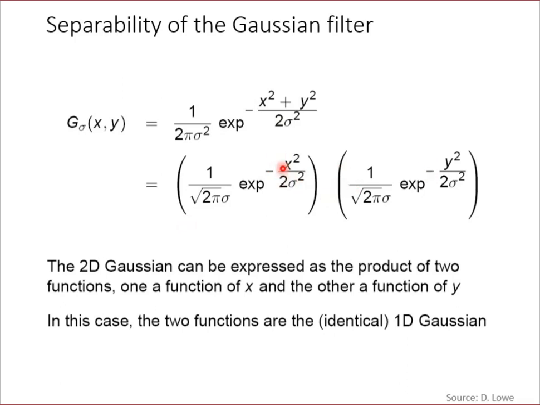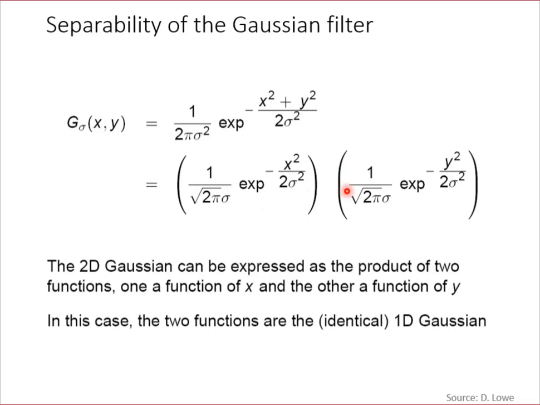For this one, there is no y, and for this one, there is no x. Here x is the horizontal axis, so this is for one dimension. The y is the vertical axis, so this is for another dimension. So this is the separability of a Gaussian filter.